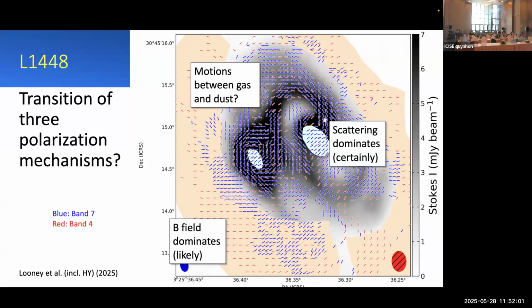For example, initially smaller grains in the inner envelope are not aligned, and then they follow the inflow motion. During this time they are subject to radiation or gas flow and start to be aligned, but the process of alignment takes time. If the flow is very fast, the grains do not have enough time to be efficiently aligned, and then they may have a quite different alignment picture than what we know in the ISM or in star forming regions. So one more parameter here is the time scale.